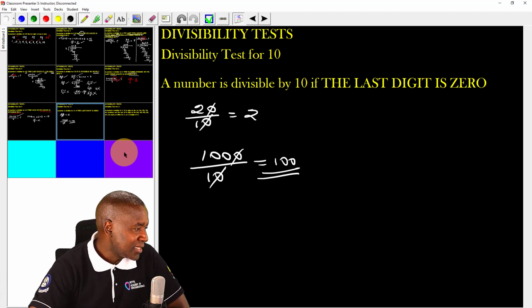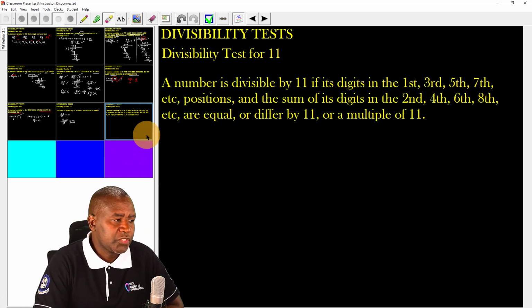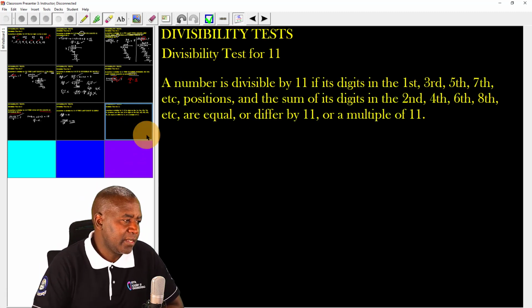Let's look at the last divisibility test that we want to look at. So next, let's run the divisibility test for 11.